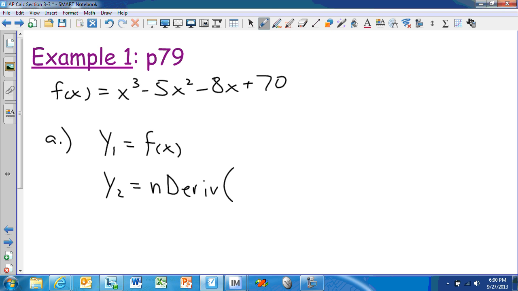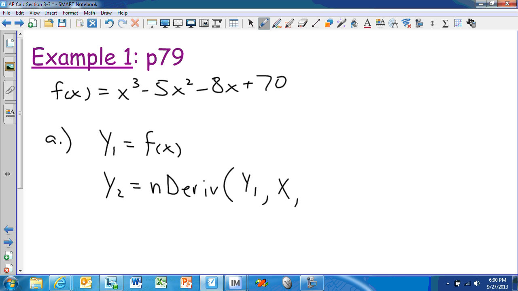All right. And it's the nderiv command. I want to find the numerical derivative of f of x, which was actually put into y1. So I'll specify that y1 is my function there. And then my variable, of course, that it's defined on. It's a function of x, so the variable is x. Now, for the value, I want to actually find the derivative at every single value. For every single point that I plot, I want it to calculate the corresponding derivative there. So I actually need a variable that's changing.